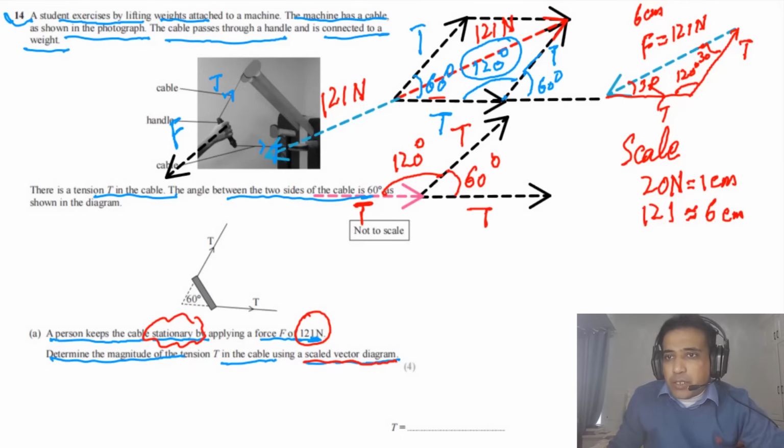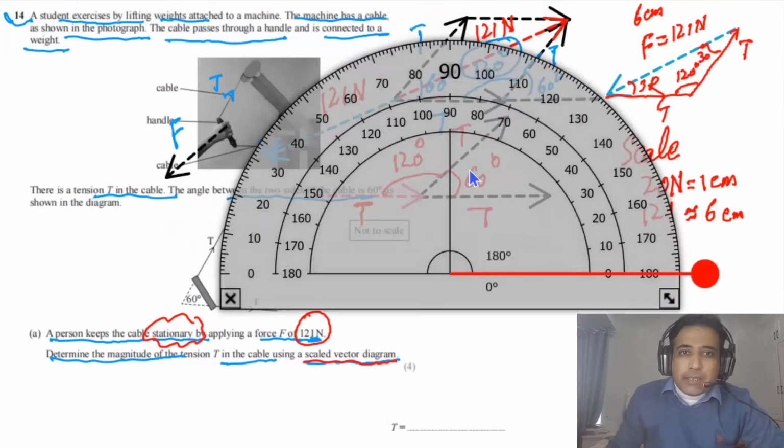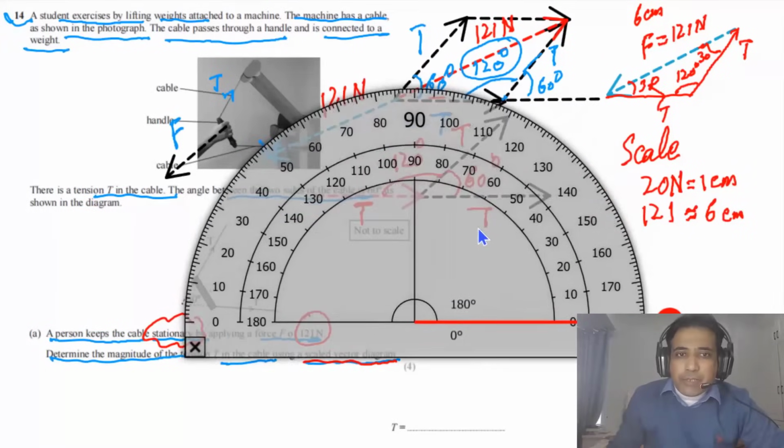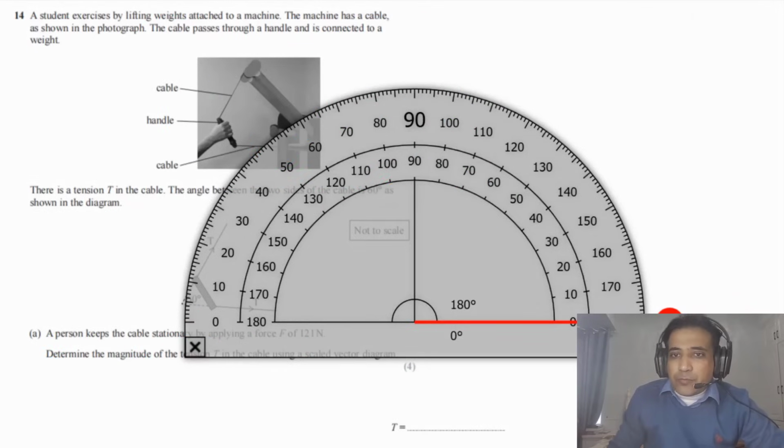Let me explain how you can draw the angle. I'll grab this protractor. Let me clear everything in the background. We need to draw an angle of 30 degrees. So first of all, we can start with this.